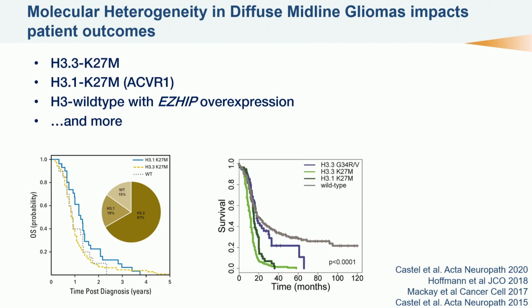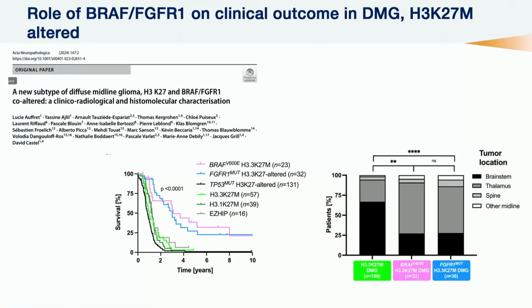And then recently, just to give you a flavor, there are now new subtypes of diffuse midline glioma being discovered. For example, if these tumors have alterations also in the MAP kinase pathway, such as NF1 alterations, they seem to have better outcomes.